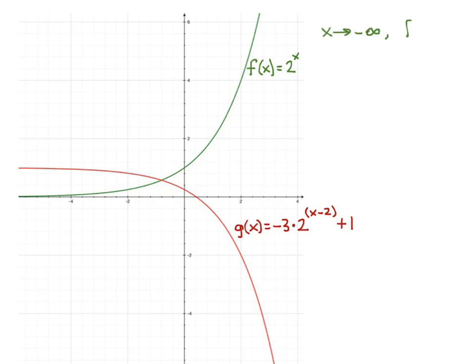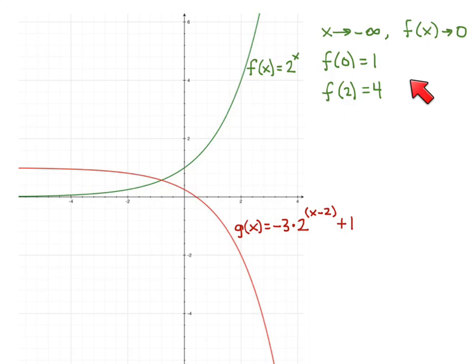So if you're just doing a regular one, you know that as x goes to -infinity, the function goes to 0. You can see that the green line tails off here and gets closer and closer to 0, doesn't actually ever reach 0.